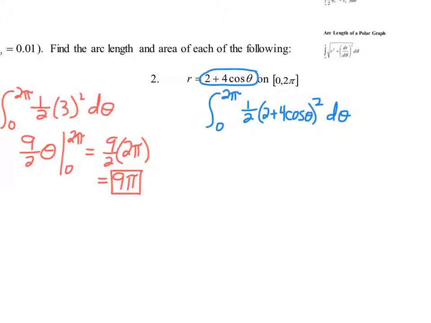So distribute it out, combine any like terms, multiply through with the 1/2, and then do a trig identity substitution. That can sometimes be harder than just an ordinary trig substitution, because that requires you to know trig identities, like the cosine double angle identities. If you're going to take the antiderivative of a cosine squared, you have to know that you can swap that out for 1 plus cosine 2 theta over 2.